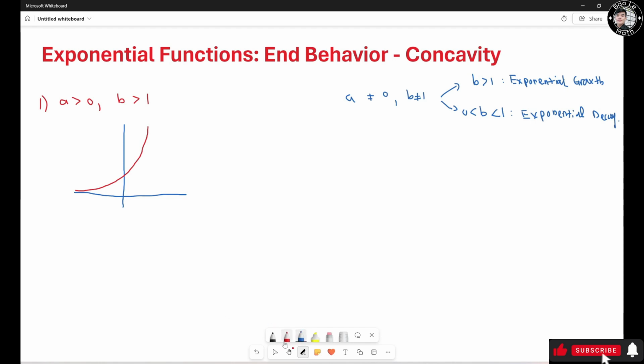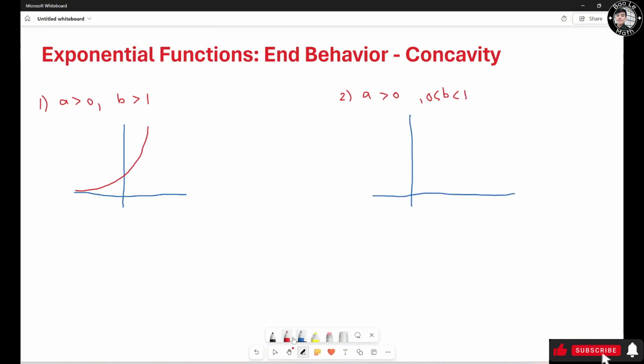Now, the second case, a greater than 0, b greater than 0 and less than 1. So this is exponential decay, so the function falls from left.